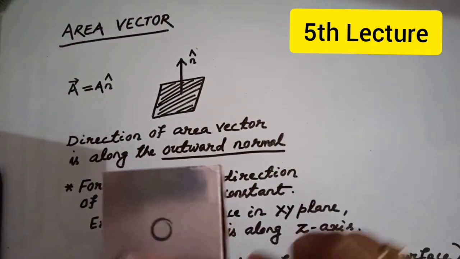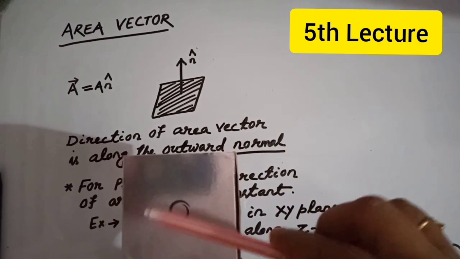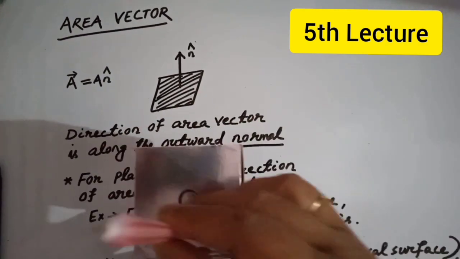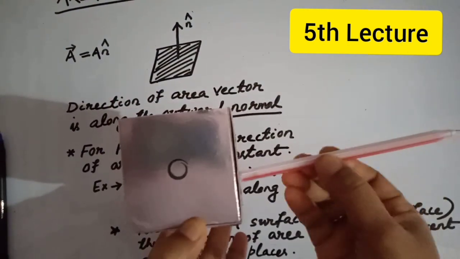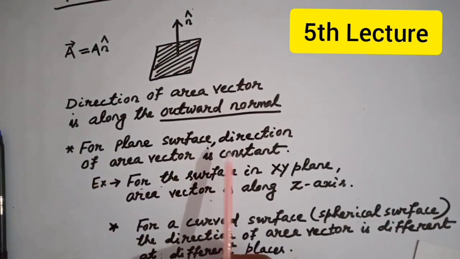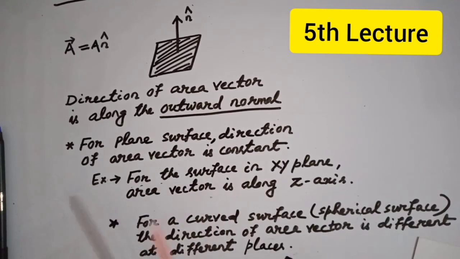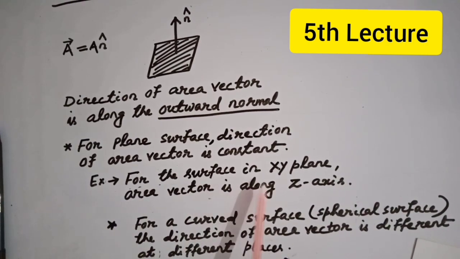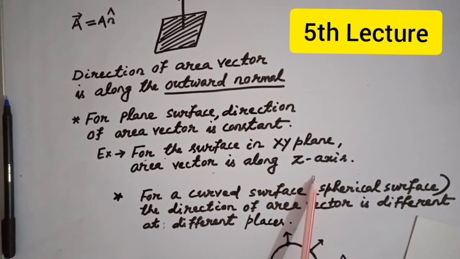So for plane surfaces it can be shown by one direction, which is normal to the surface in the outward direction. For plane surface, the direction of area vector is constant. You can take the example: for the surface in the xy plane, area vector is along the z-axis.